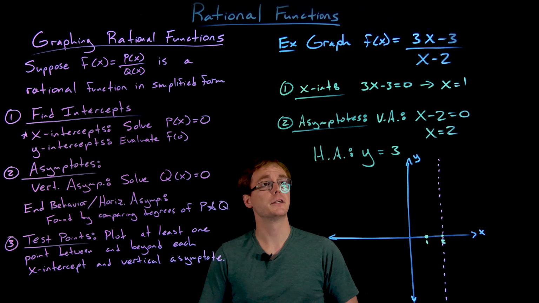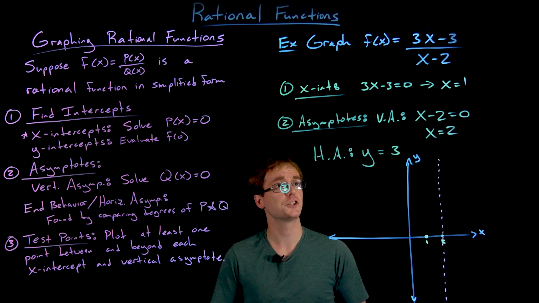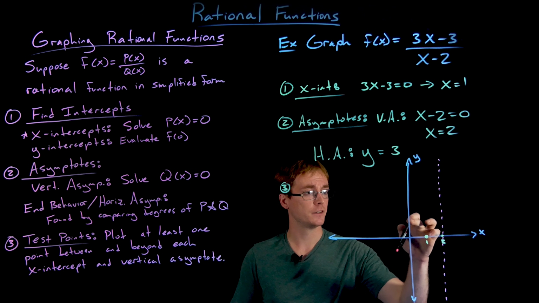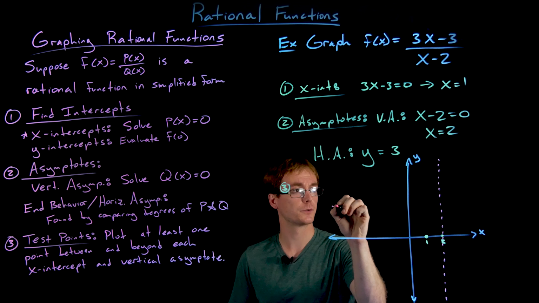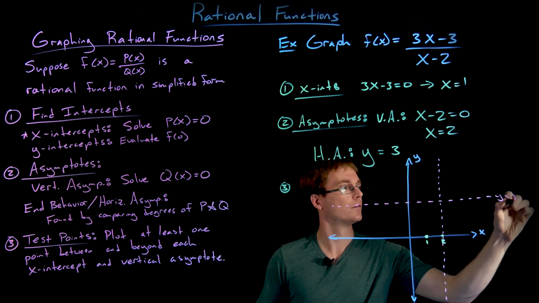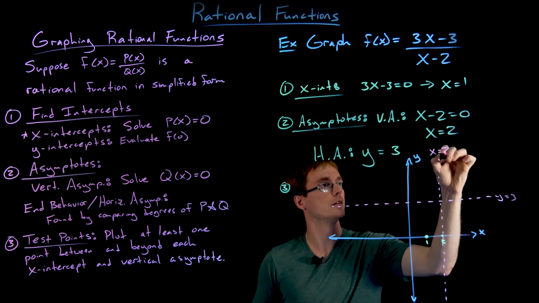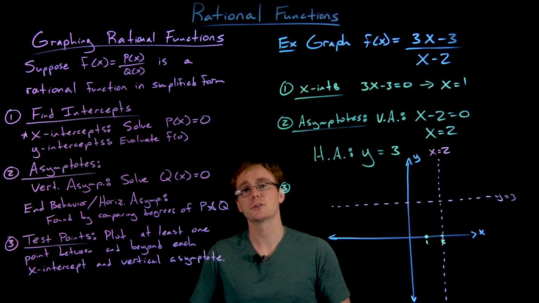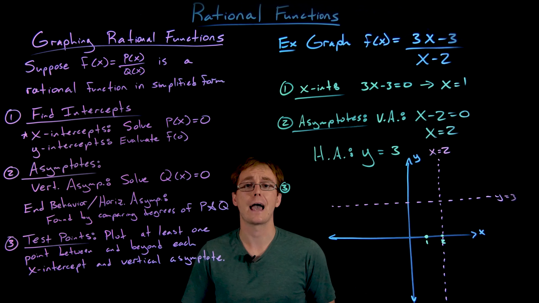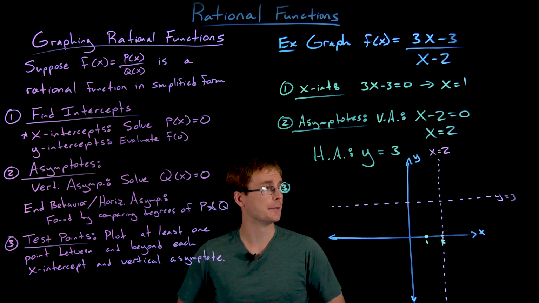The last piece of information we have found that is not yet on our sketch is that we have a horizontal asymptote at y equals 3. 1, 2, 3. Let's say y equals 3 is right about there. When graphing, we're pretty much always going to indicate these asymptotes using a dotted or hashed line. That's what I've done here in pink.